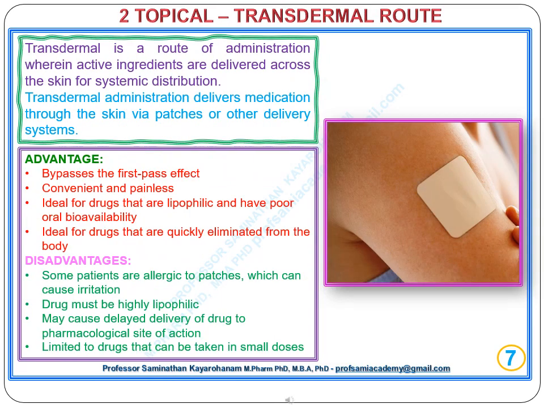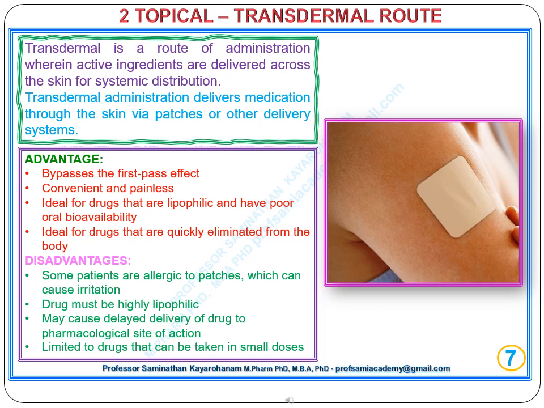Next slide, type 2, topical, transdermal route. Transdermal is a route of administration where active ingredients are delivered across the skin for systemic distribution. Transdermal administration delivers medication through the skin via patches or other delivery systems.